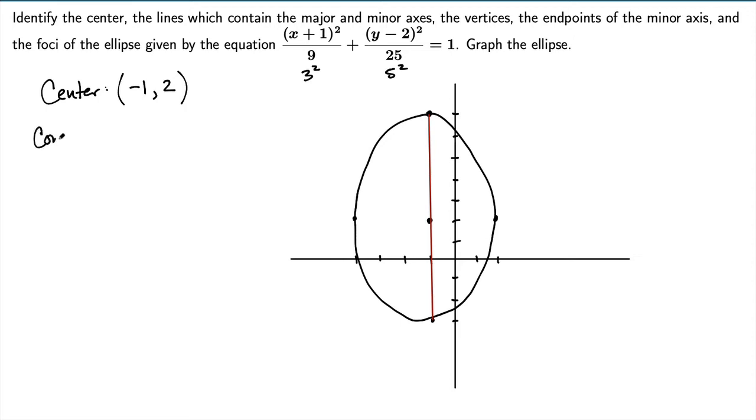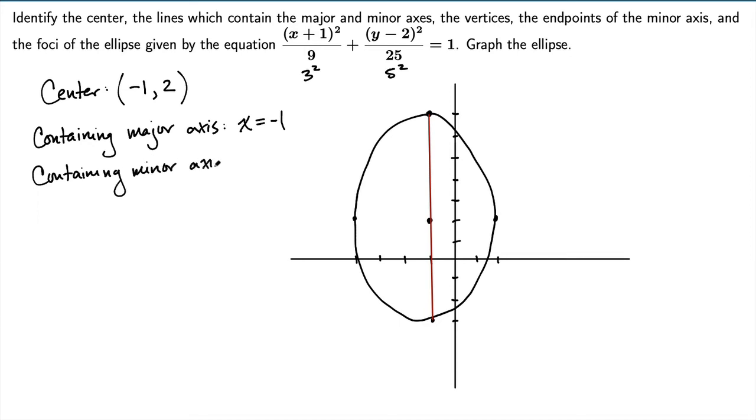So the line containing the major axis is x equals -1. For the line containing the minor axis, it's the same idea, but we're connecting the two points closest to the center, this point and this point. And I see that that's at y equals 2.